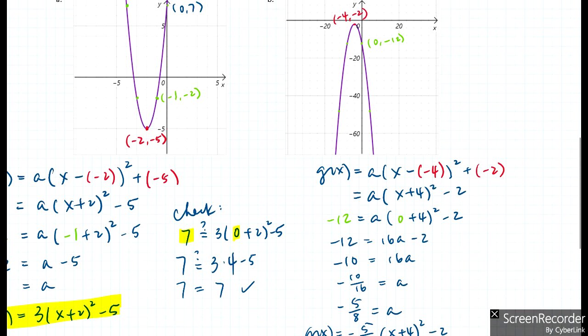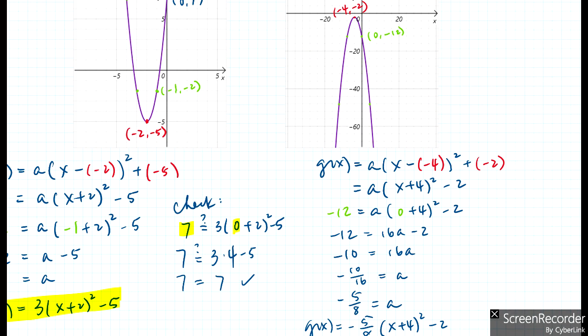We can check our answer using the other point over here. The other point is negative 8, negative 12. So we use negative 12 to see whether that's equal to negative 5/8 times x, which is negative 8 again, plus 4 squared, and minus 2.